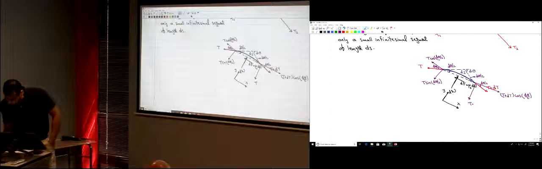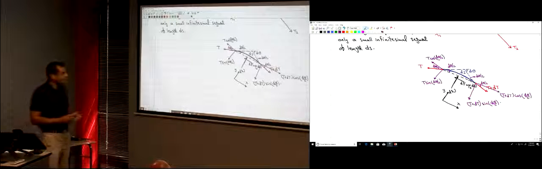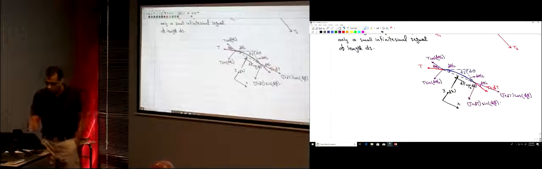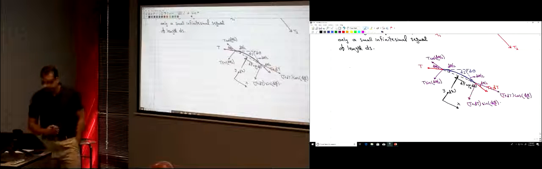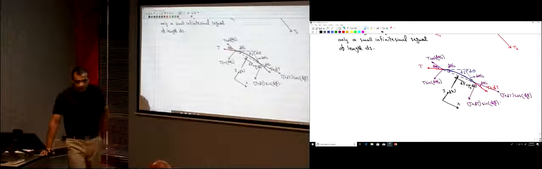And here we have the force T plus dT multiplied by sine d theta divided by 2. As you see here, we have cosine d theta divided by 2, and sine d theta divided by 2, right? The angle d theta is very, very small, almost equal to 0. It's a small angle, right?